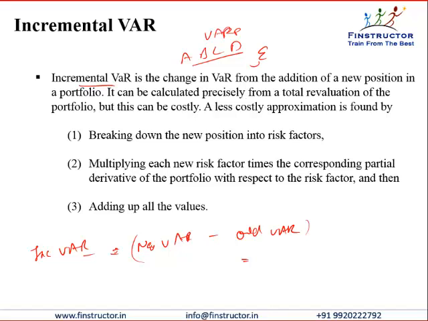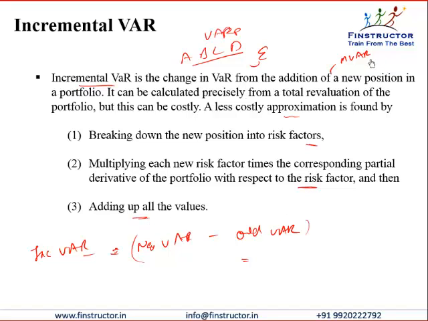So an approximate method of calculating the incremental VAR uses the same concept as the marginal VAR that we studied previously. So we break down the new position into the risk factors, multiply each new risk factor times the corresponding partial derivative of the portfolio with respect to the risk factor, and then add up all the values.